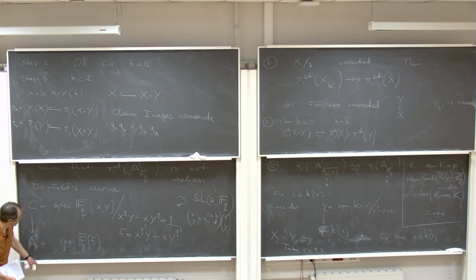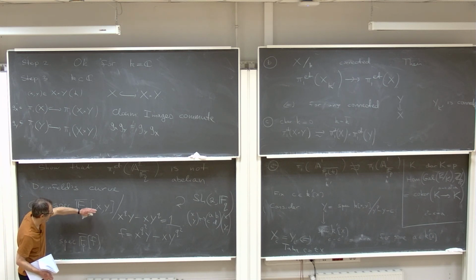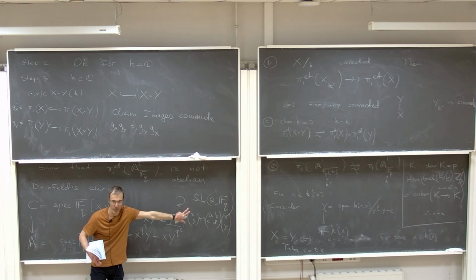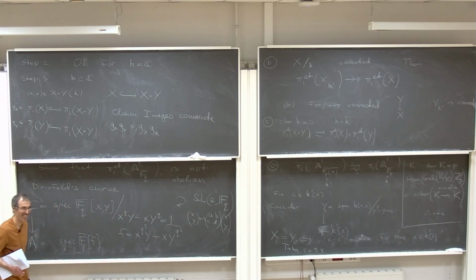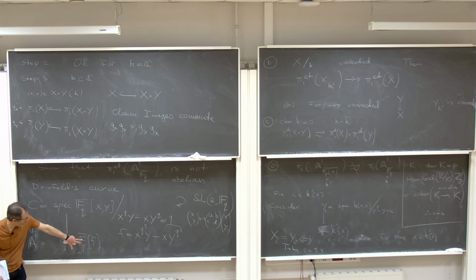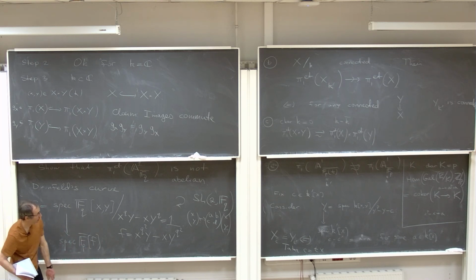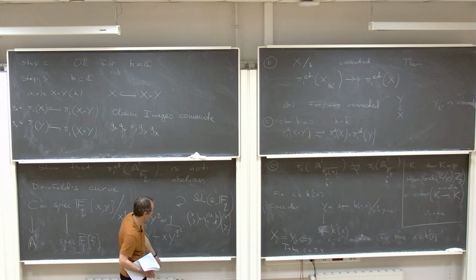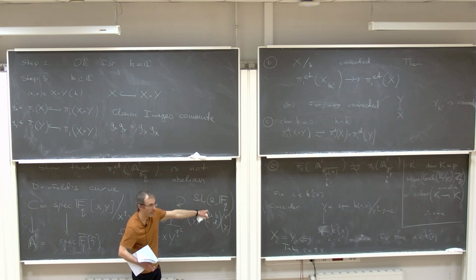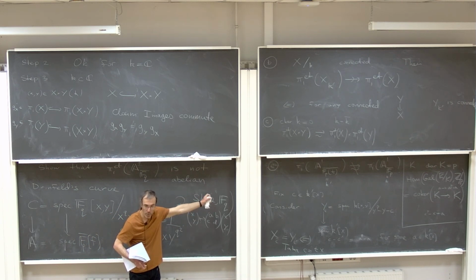The claim is that this function is invariant under this action. Again, it's a straightforward computation, but still it's not obvious from the formulas. And moreover, if you take the quotient of C by this group, you get A1. In order to show that it's a finite étale cover, you need to show that the fibers are reduced and have the same number of points. So this number of points.